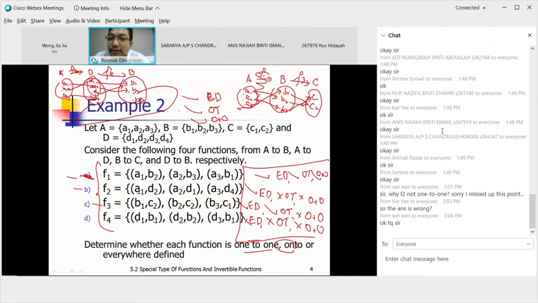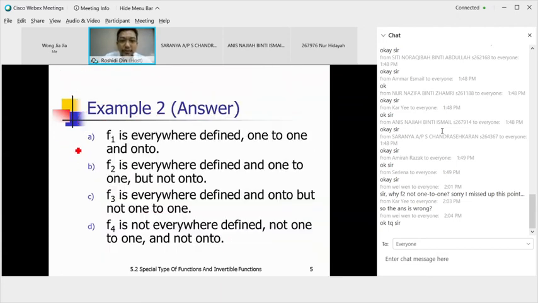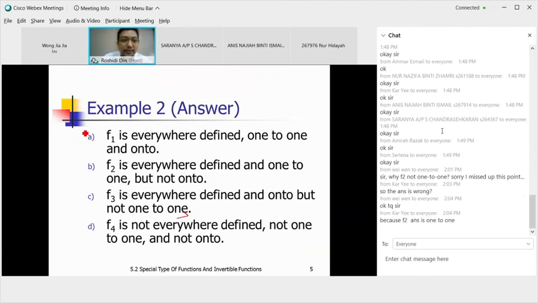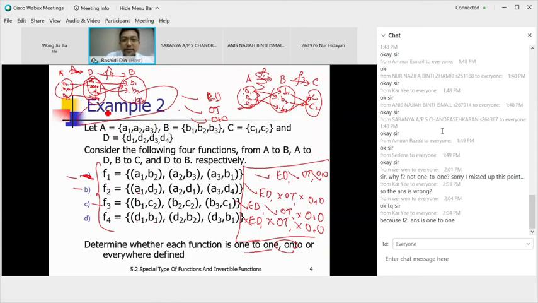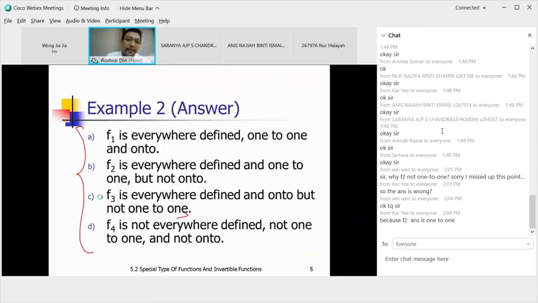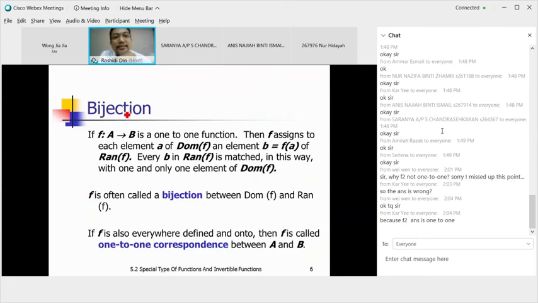We do not say wrong; we say not one-to-one. Okay, clear? This is the answer for example 2.